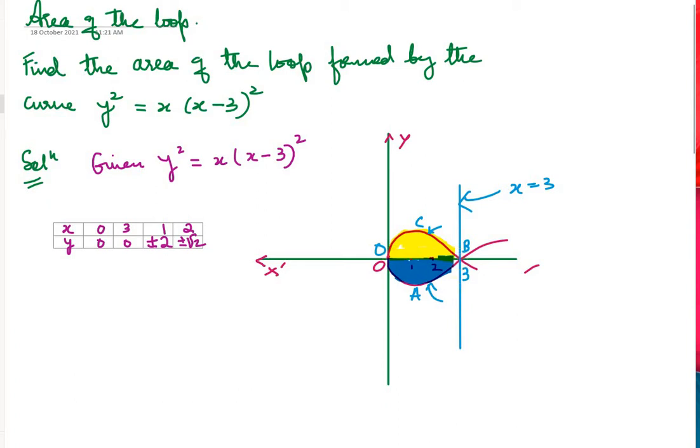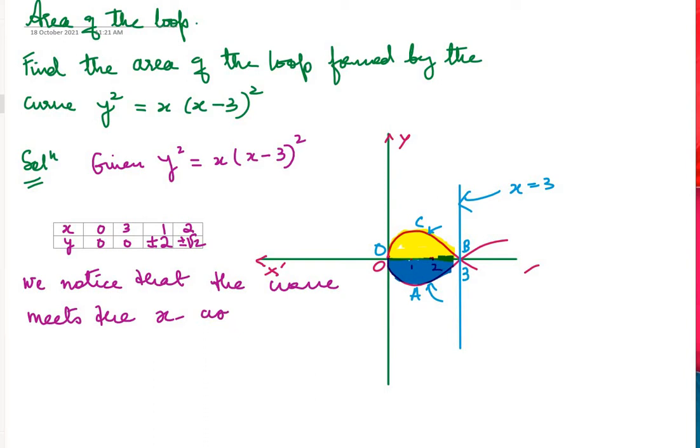So you note down here that after constructing the table, we notice that the curve meets the x-axis at 2 points, x is equal to 0 and x is equal to 3.